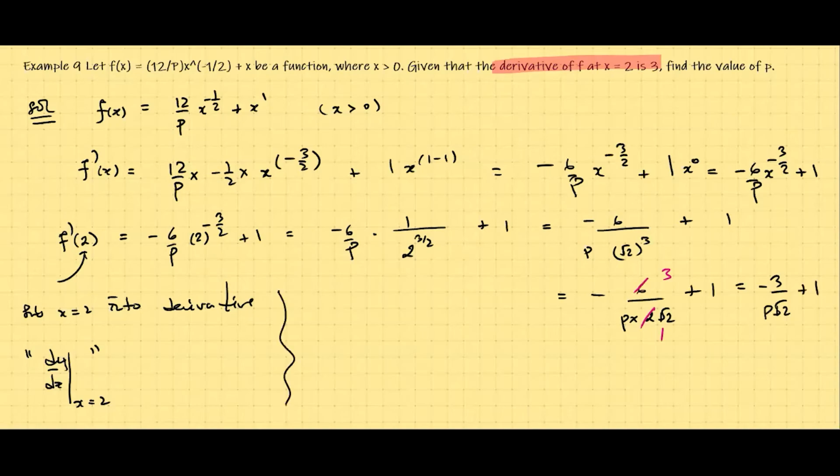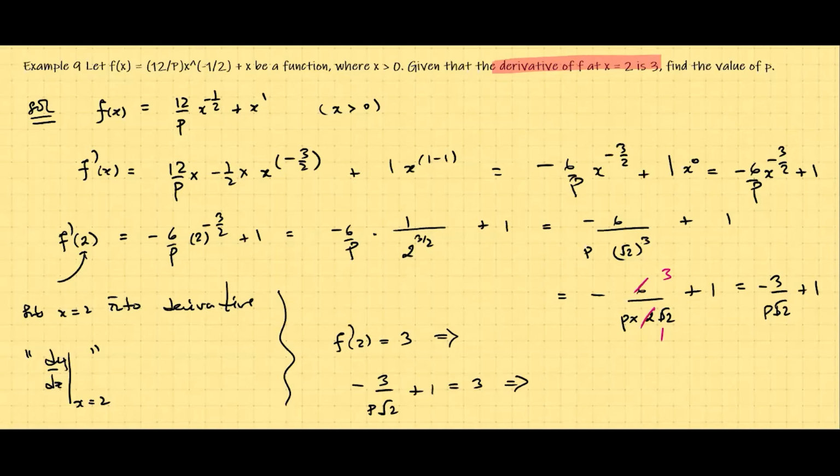And since we're told that when I do this derivative and evaluate it at 2, the answer should be 3, I can then say minus 3 over p root 2 plus 1 should actually be 3. Now I can use this to work out what the value of p has to be.